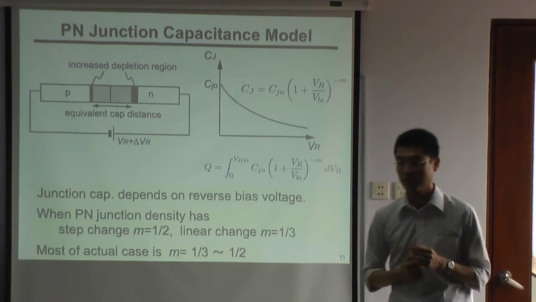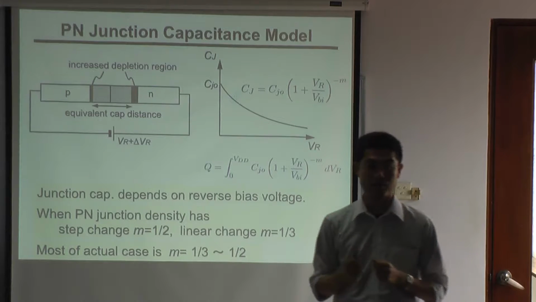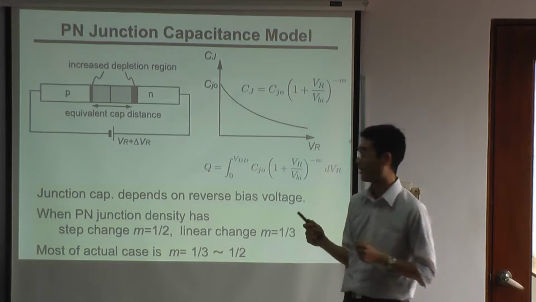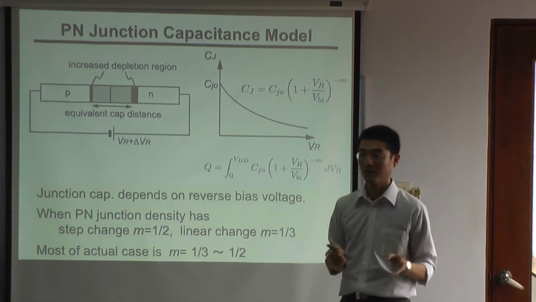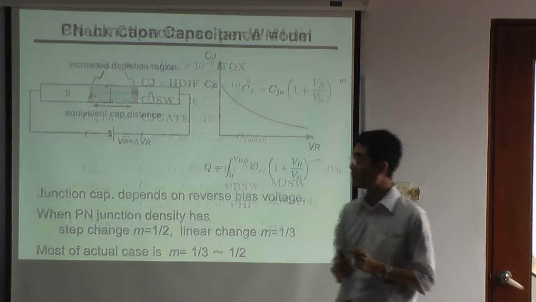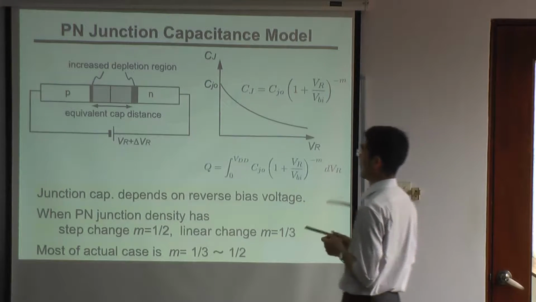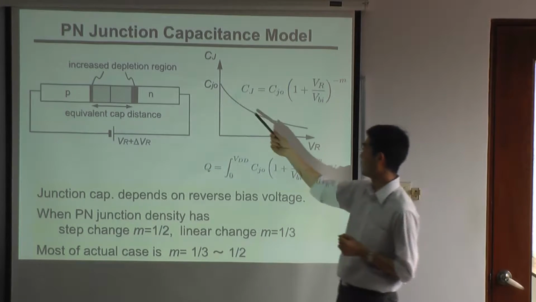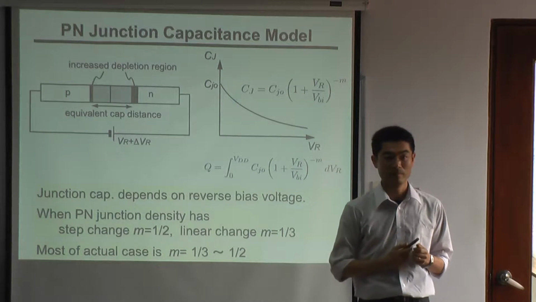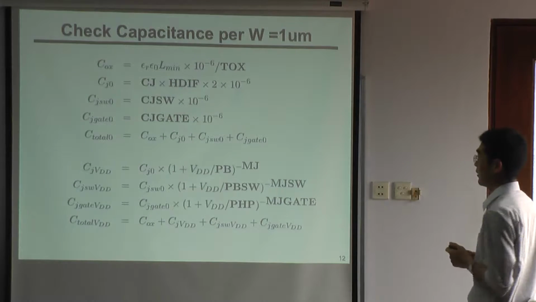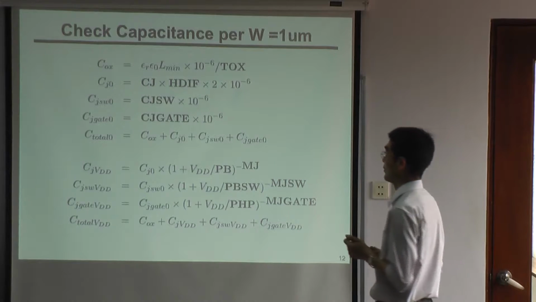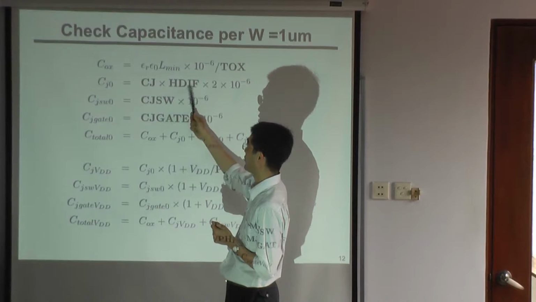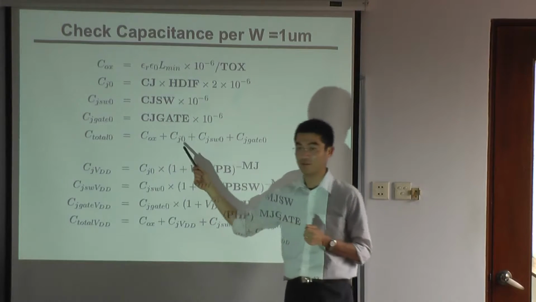And then you will take a look at the junction capacitance of transistors. There are many types of capacitance on transistors, so you have to estimate how much capacitance it has. This is the PN junction capacitance, and PN junction capacitance depends on the reverse bias voltage. In the SPICE parameters, we can see parameters CJ, MJ, CJSW, MJSW.